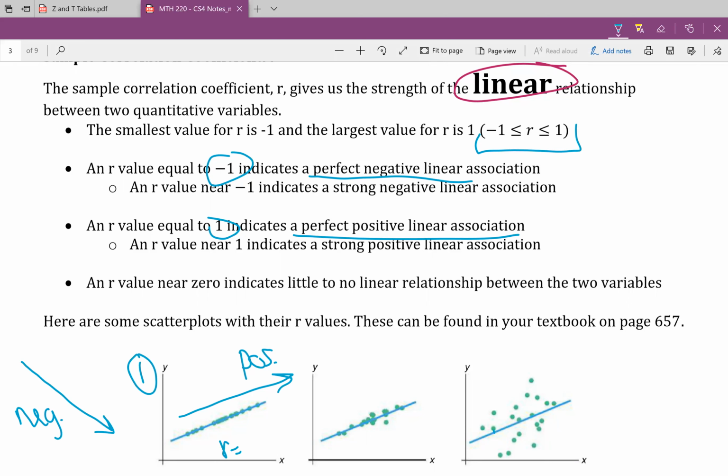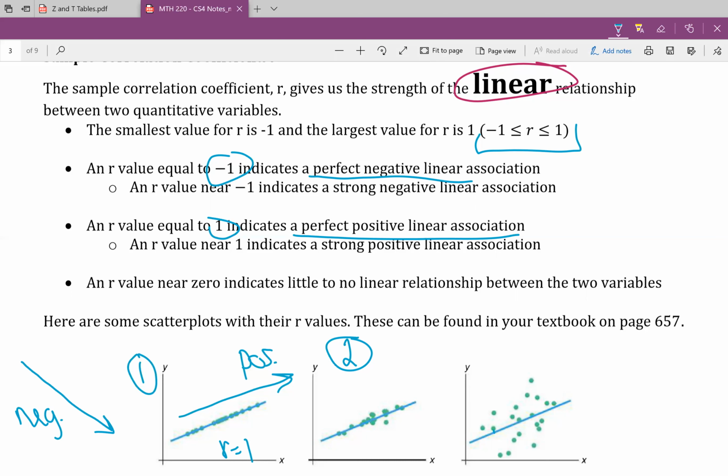And I can be confident that my R value is going to be equal to 1 precisely because every single data point falls on that line. Let's look at the second one over here. So we know that it's still a positive relationship because it's going up and to the right. Only this time, not every single data point is falling perfectly on the line.